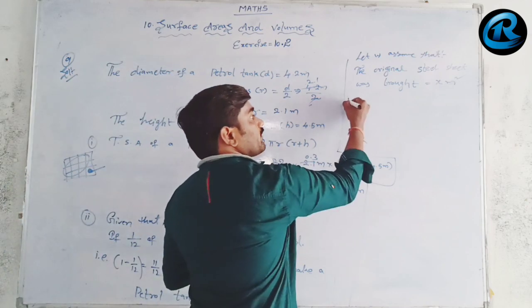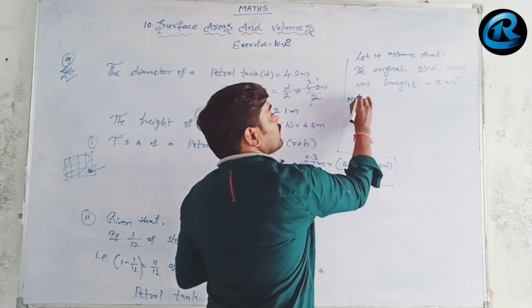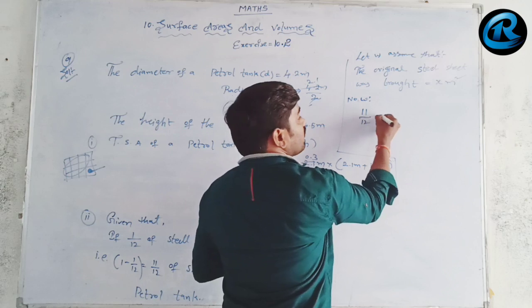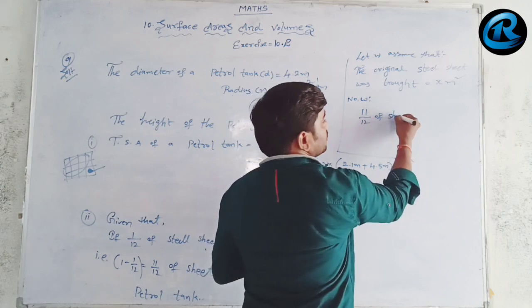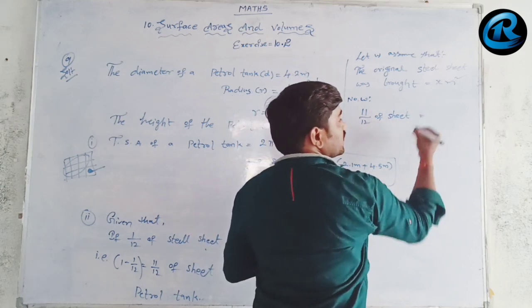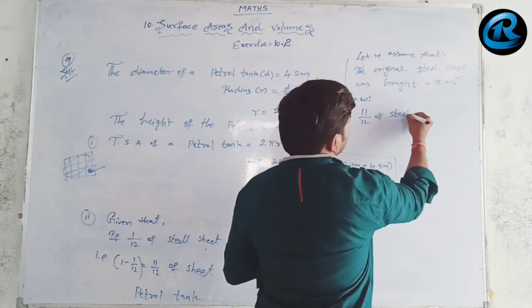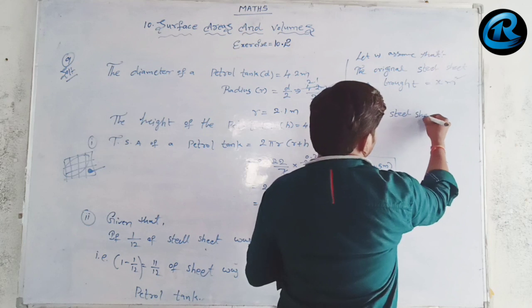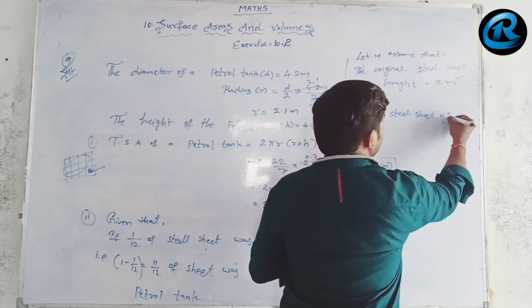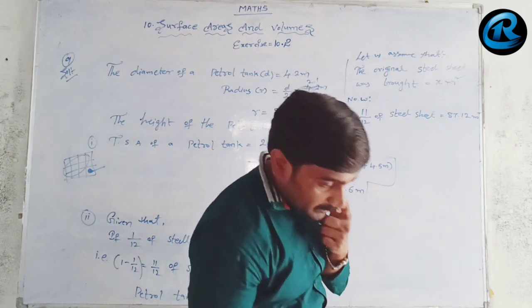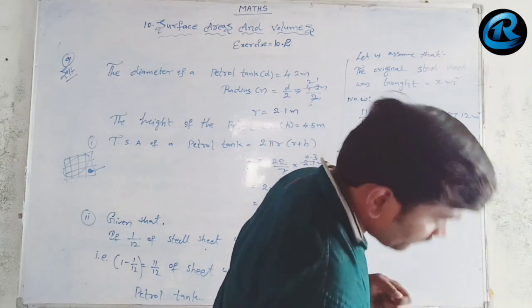So now we can say that 11/12 of the steel sheet is equal to 87.12 meters square.